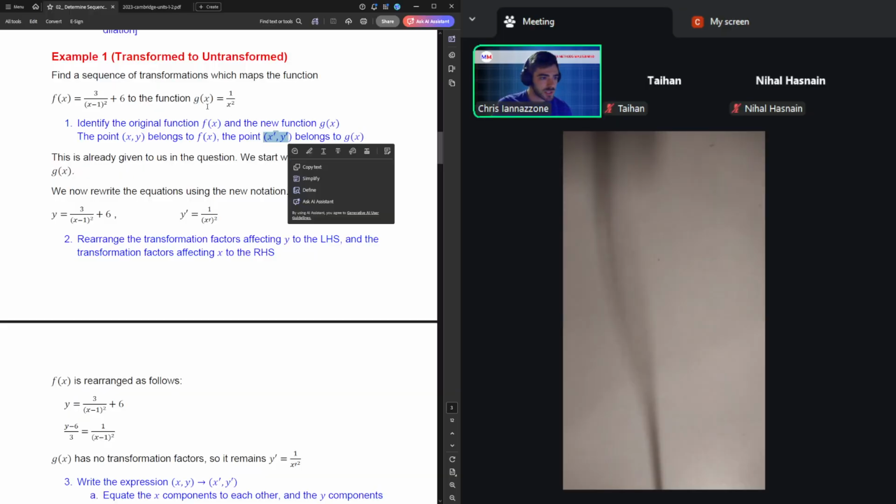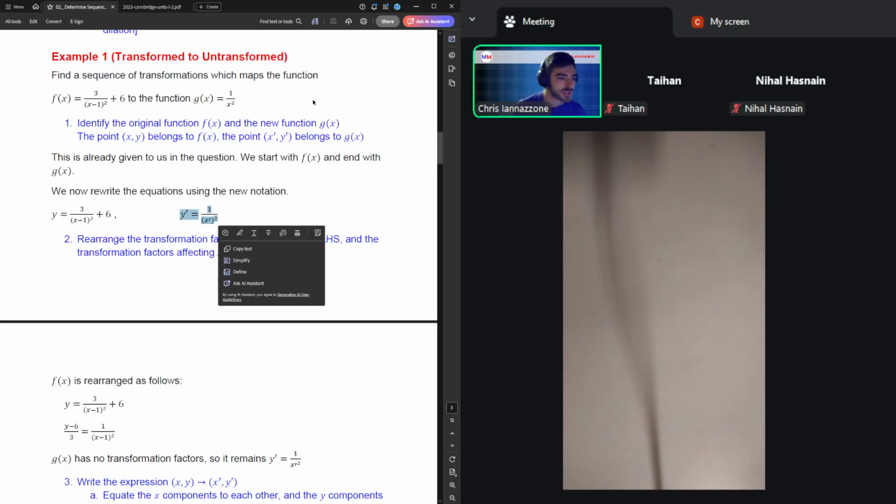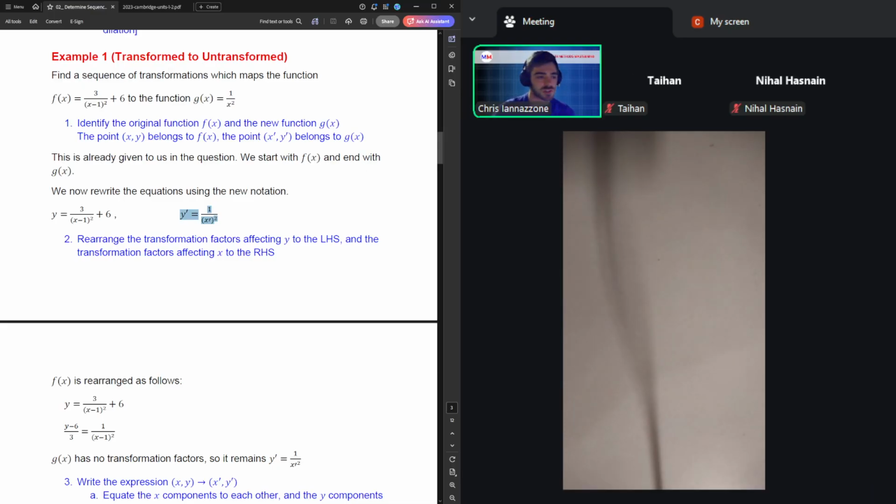And x dash and y dash are going to go to the new function, which is the one you're heading towards, so g of x, which is why we're now rewriting g of x as follows, like that. This gets y dash and x dash into our sequence of equations, which we can then eventually rearrange.